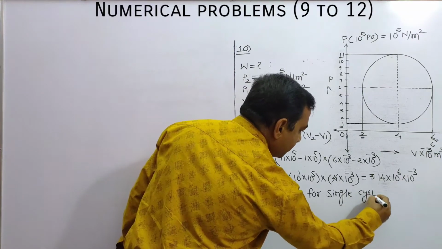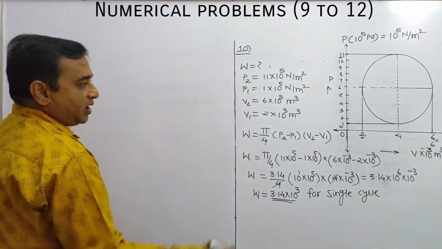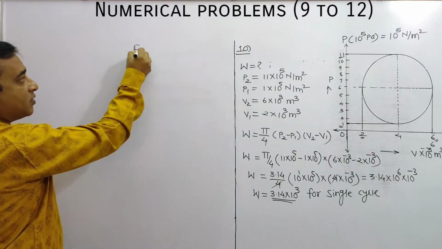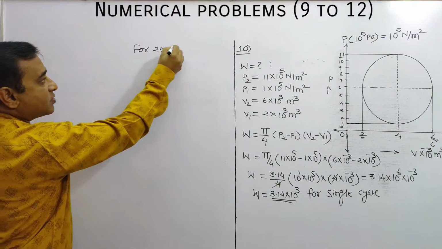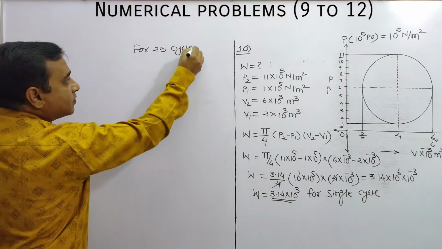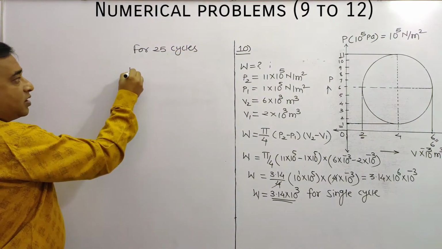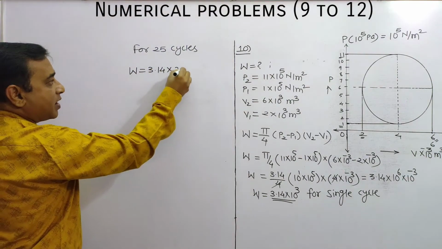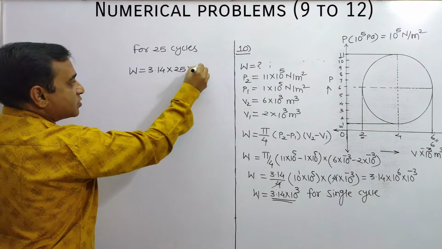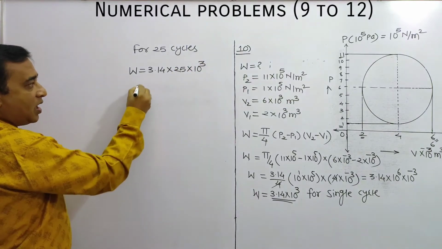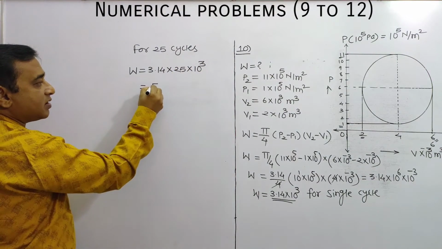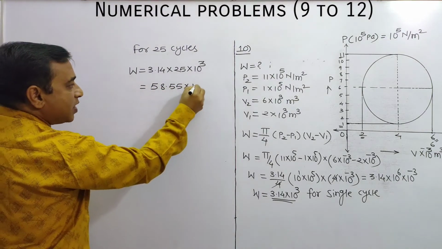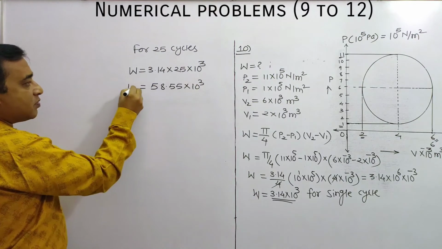Then, if I need to consider 25 cycles, the work done is given by 3.14 multiplied by 25 into 10 raised to power 3. After solving this, we get the answer, that is 58.55 into 10 raised to power 3. This is the work done.